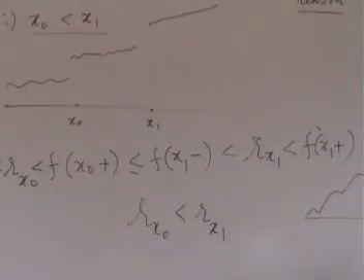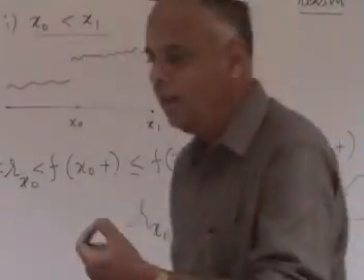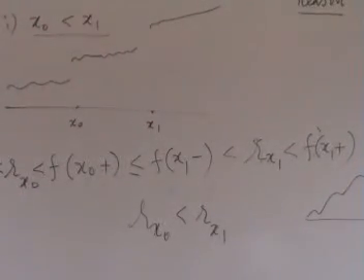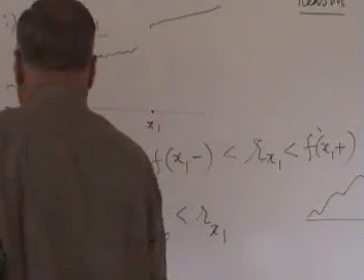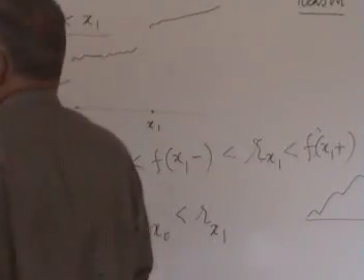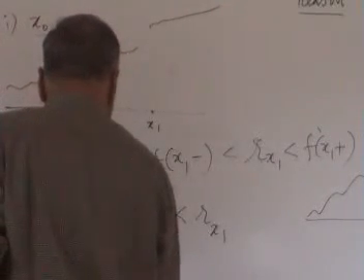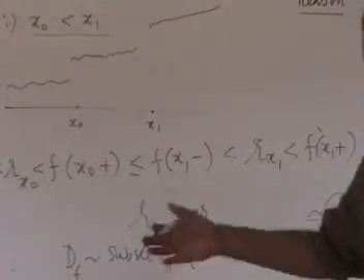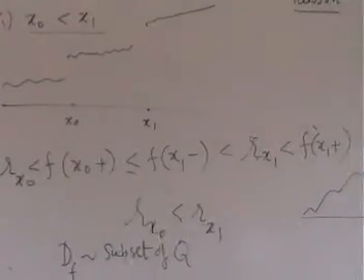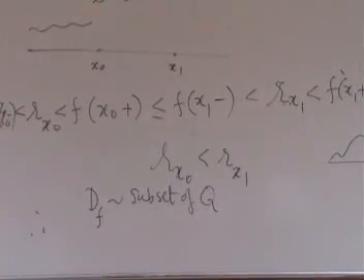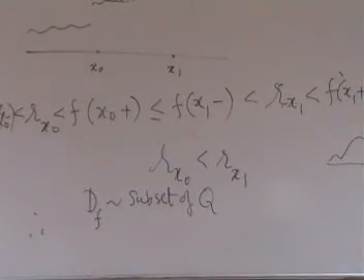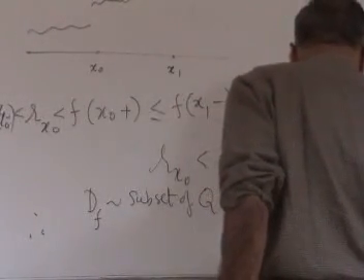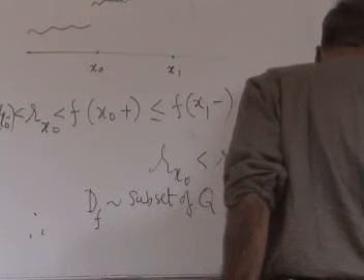So what it therefore says is, with every point of discontinuity, I have associated a distinct rational number. Therefore, Df is equivalent to a subset of Q. Take all these points, and there is a one-to-one correspondence between these discontinuities and a subset of Q, and therefore the cardinality of Df is either finite or countable.